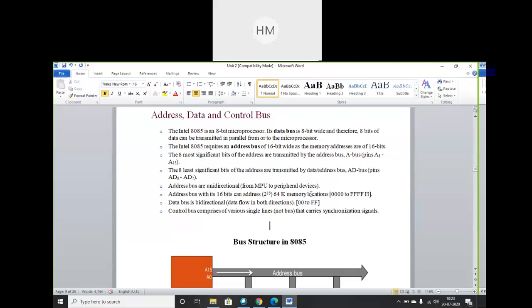It will start from 0000 memory location to FFFF hex. Clear? The data bus is bidirectional, the address bus is unidirectional. From the 16 lines, we have divided into an 8-bit data bus and the initial 8 bits as the higher-order address bus. The control bus comprises various single lines that carry synchronization signals.